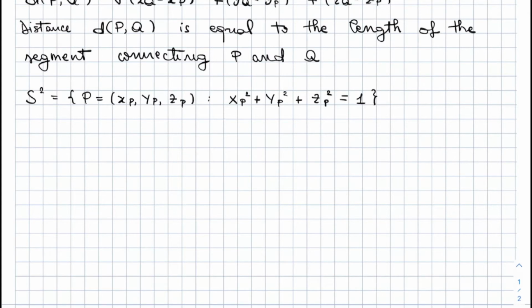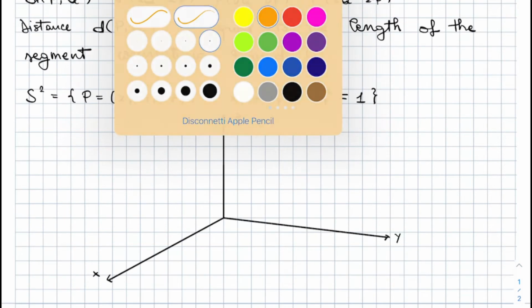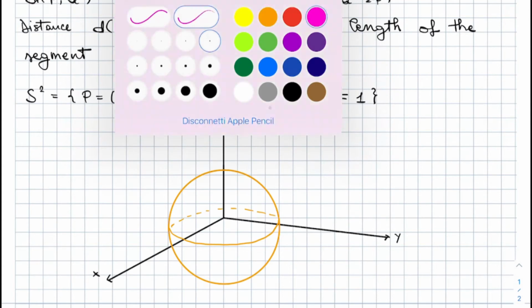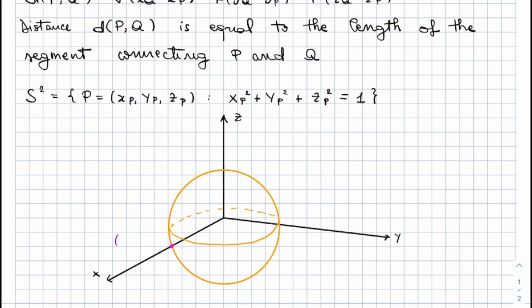If we wanted to draw the sphere, then we would have to draw the three axes x, y, and z, and then the sphere would be given by this set of points, where the intersection between the axes and the sphere are given by 1, 0, 0 for the x-axis, 0, 1, 0 for the y-axis, and 0, 0, 1 for the z-axis.